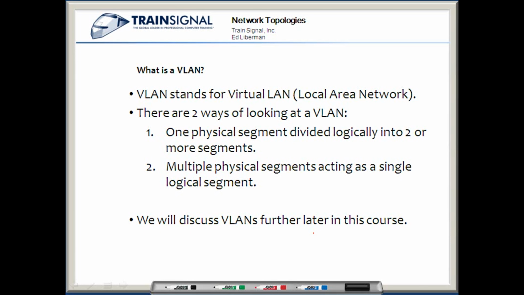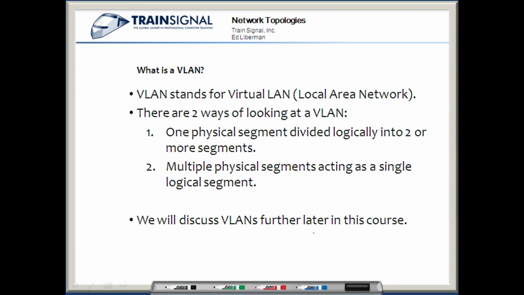If it's like a star topology, they can all be connected through one device. And by the way, that device, in the case of a VLAN, instead of being a hub, would more typically be called a switch. A switch, again, is something we will talk about in more detail later on. But you have the one physical segment divided logically into two or more logical segments.